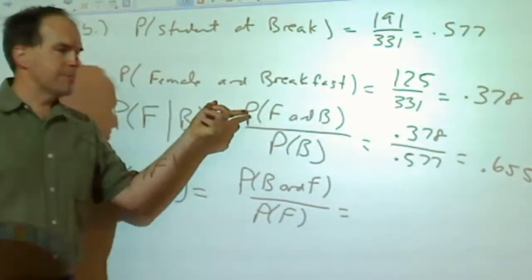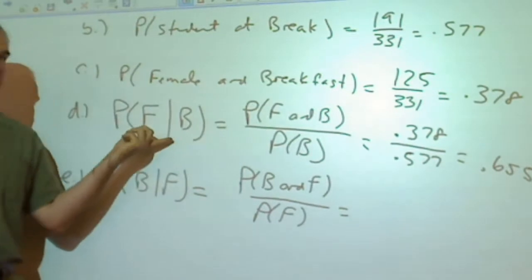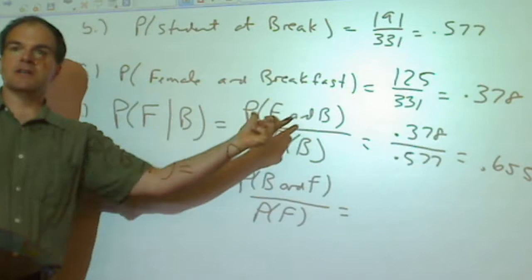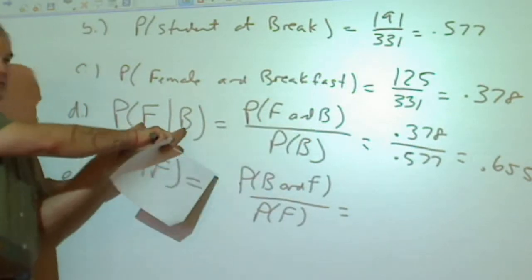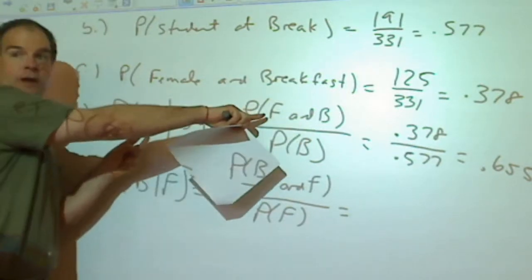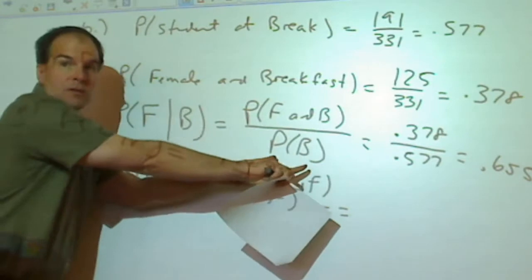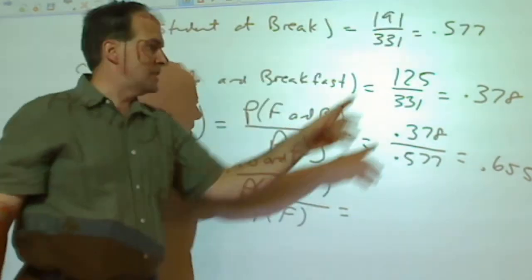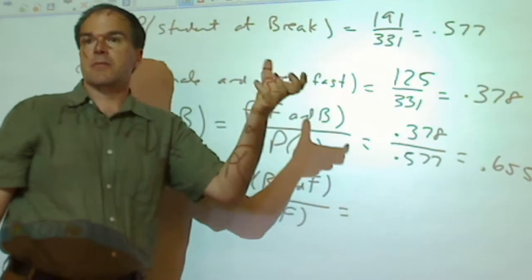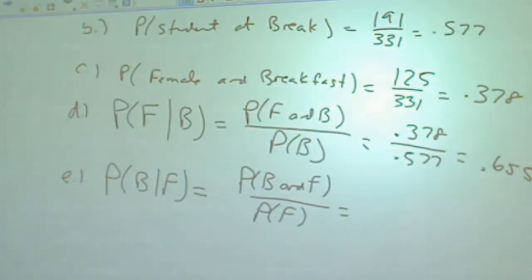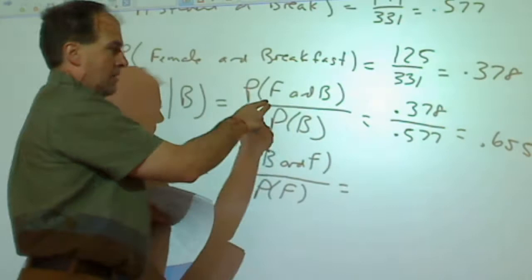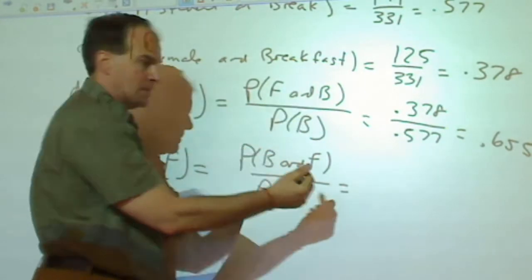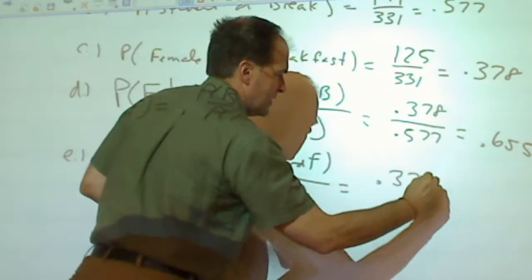Because we're talking probabilities now. I think you need to realize it's a conditional, and that this is the definition of conditional. You do the intersection of those two in the numerator. The condition is the probability, that's your denominator. And since we already have probabilities, just use those. You don't have to use the numbers. Okay, it'd be nice if you knew F and B is the same as B and F. So same 0.378.